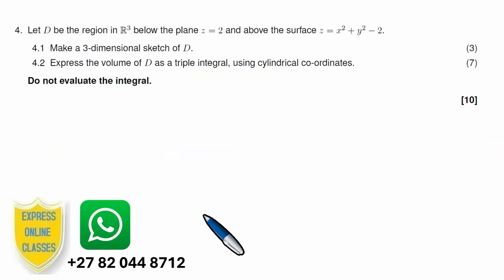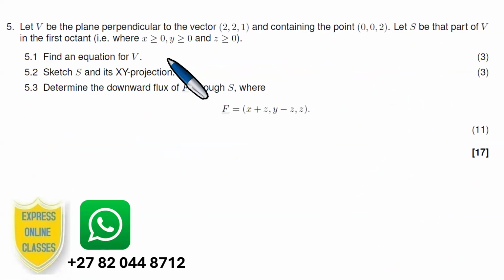Let V be the plane perpendicular to the vector 2, 2, 1 and containing the point 0, 0, 2.